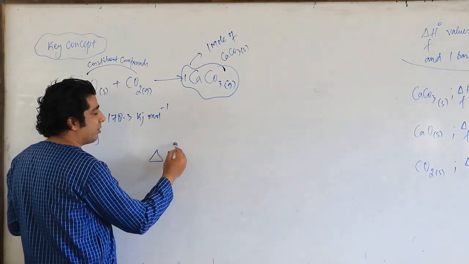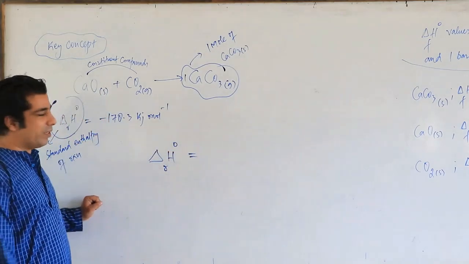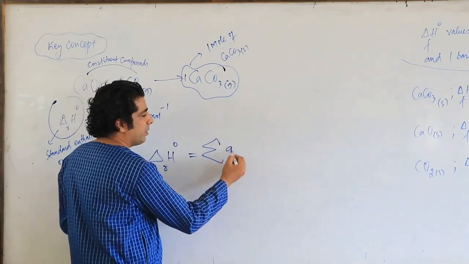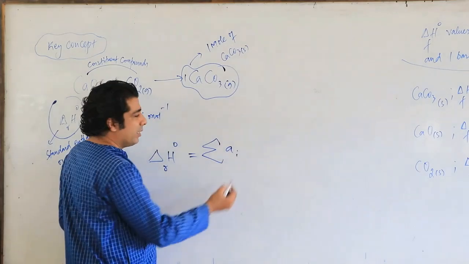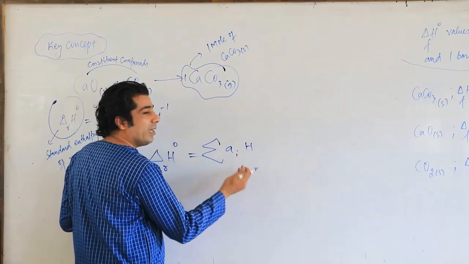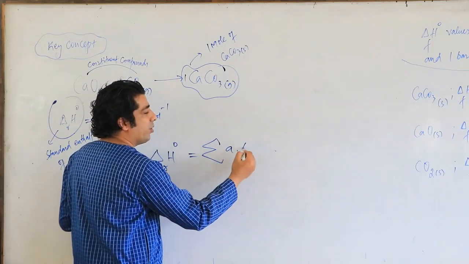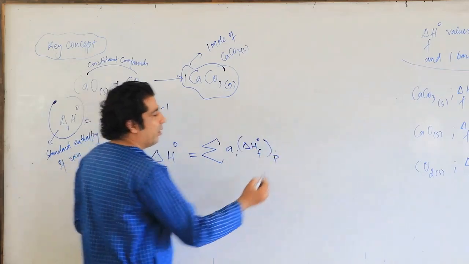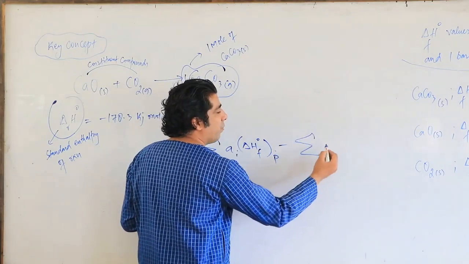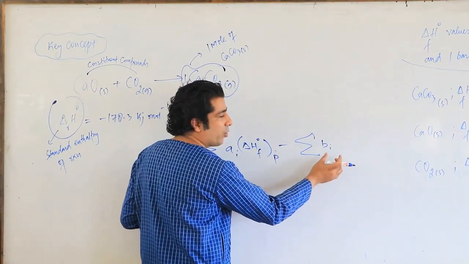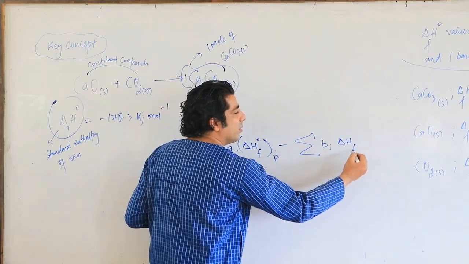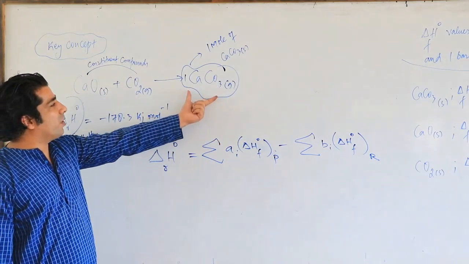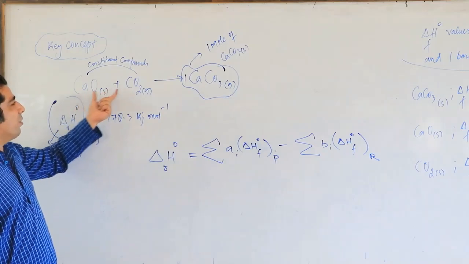That is delta HR naught is equal to the summation of the stoichiometric coefficient times the enthalpy of formation of products, minus the summation of the stoichiometric coefficient times the enthalpy of formation of reactants.